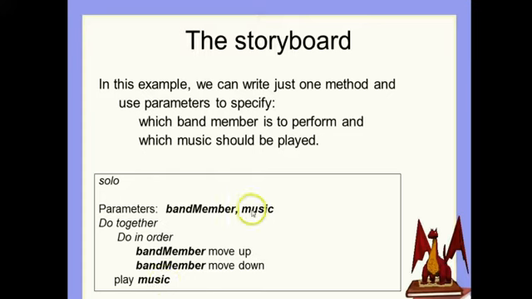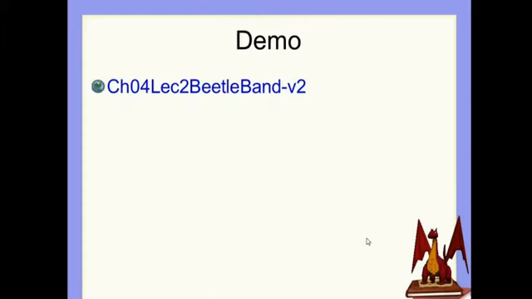So if you go back and look, compare this to the code for George Beatle. We didn't have this line right here, and this said George Beatle moved up and down and played music that was the music associated with George Beatle. So we're generalizing it, and we're going to send in the values for those generalized things. And here's the example right here.